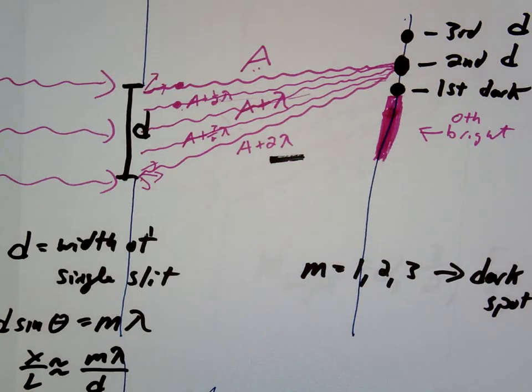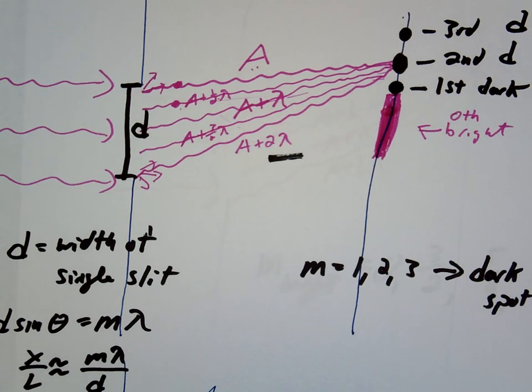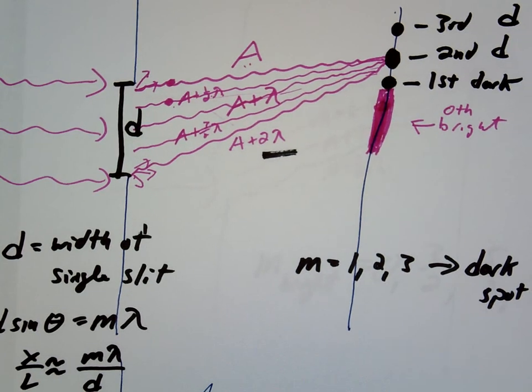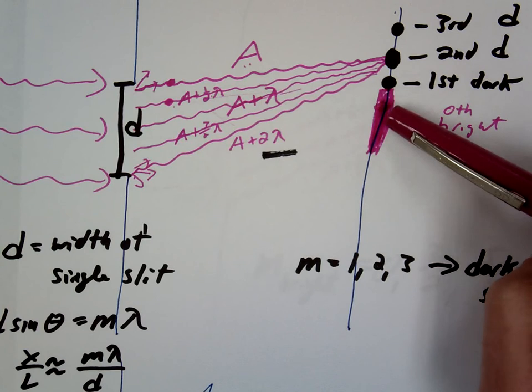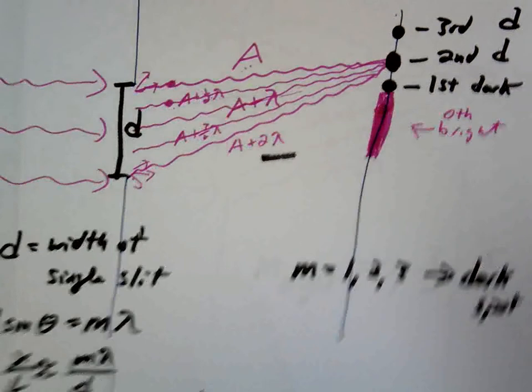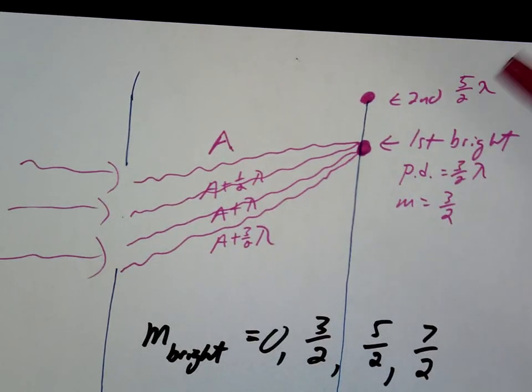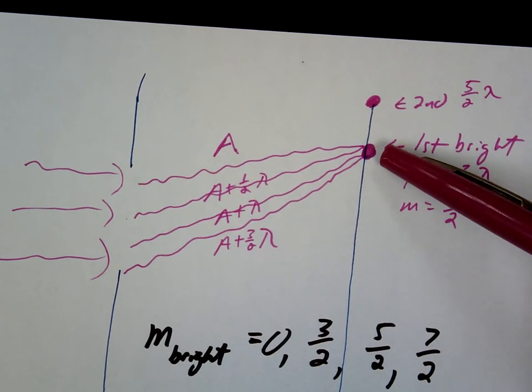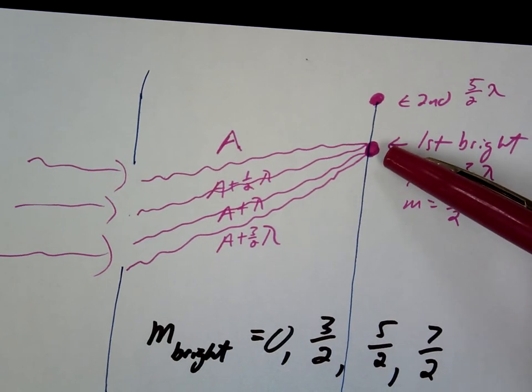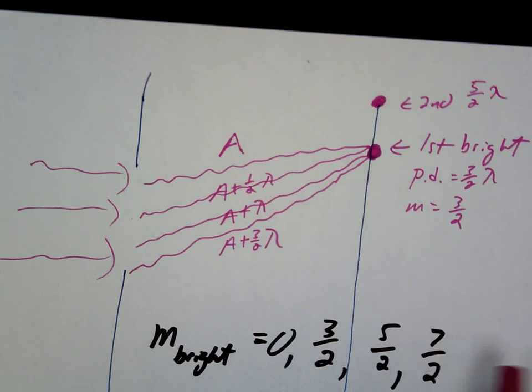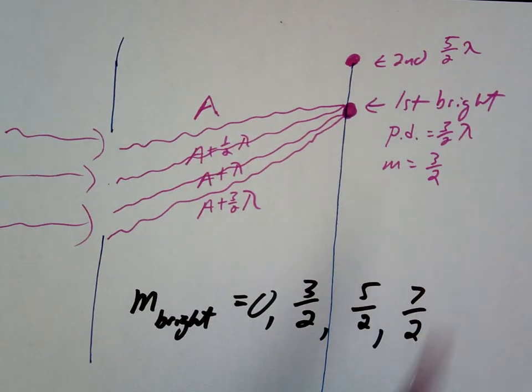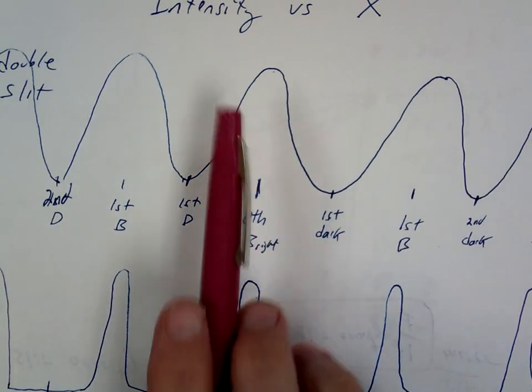Is the brightness universal in the 0th bright spot? No, it would decrease. It would peak right in the very middle, and then it's going to decrease. And that brings up a good question. How should this brightness compare to the central brightness? Remember we said before that all the brightnesses were relatively the same, all across.